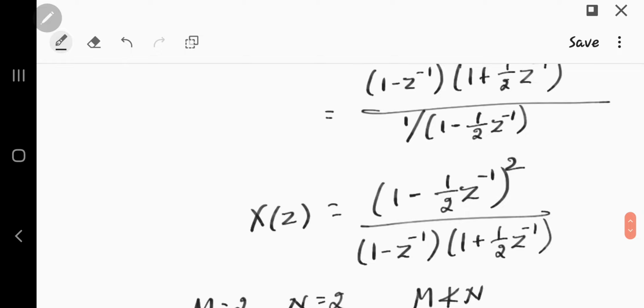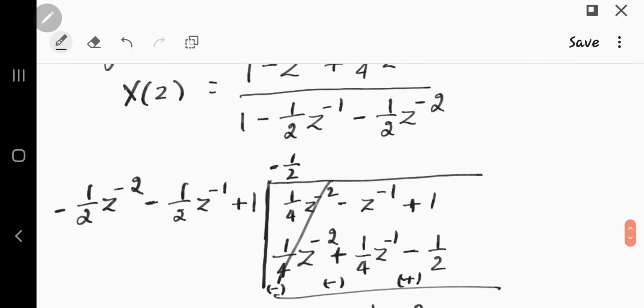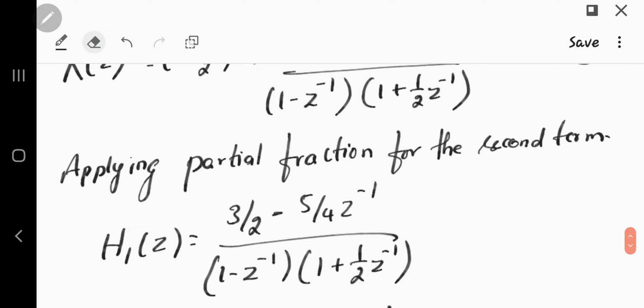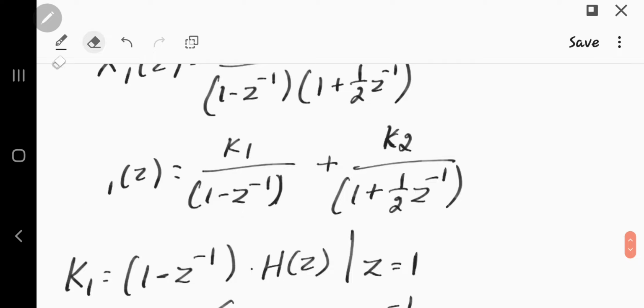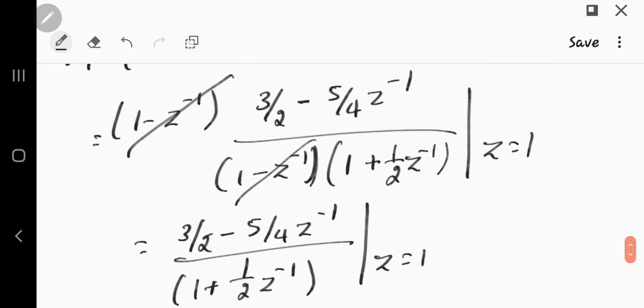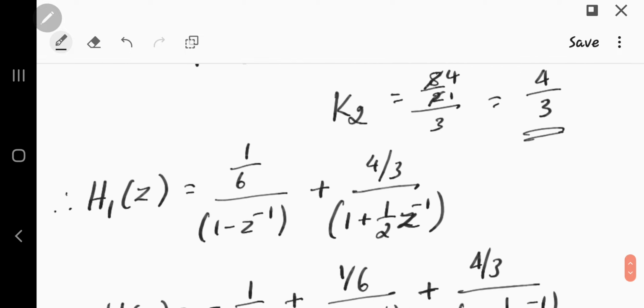This is X of Z, so that makes this as X of Z, and this one as X of Z, and this we should call it as X1 of Z, and here as well this one is X1 of Z, and same goes here, X1 of Z, and here as well.